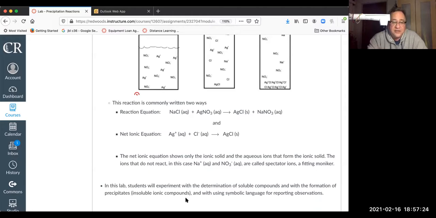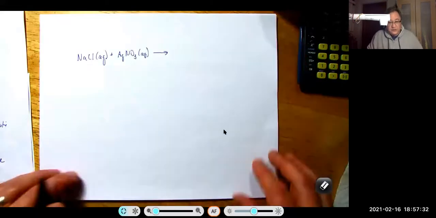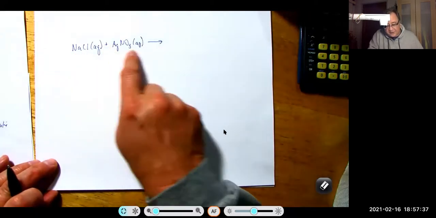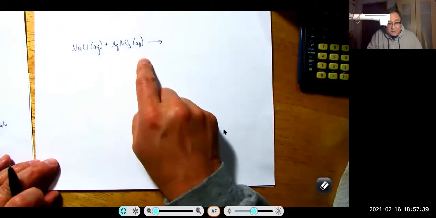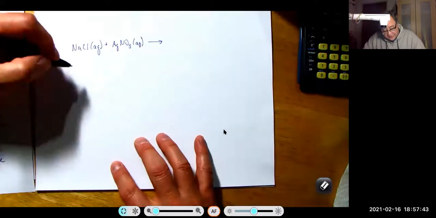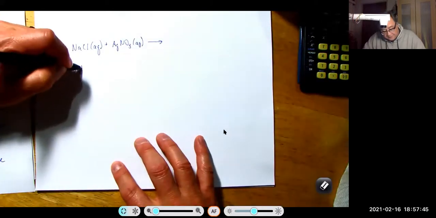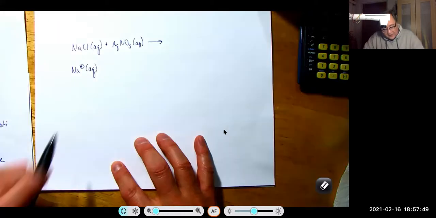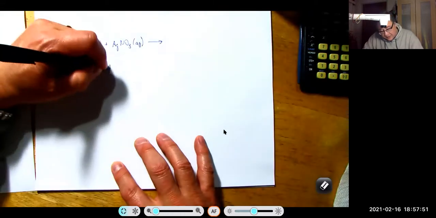Okay, so now I'm going to change my share. There we go. So we have this that is aqueous and this that is aqueous. And let's see how we can figure out everything just based on these 2 things and solubility rules. So we know that when sodium chloride dissolves, you get sodium ions and chloride ions.